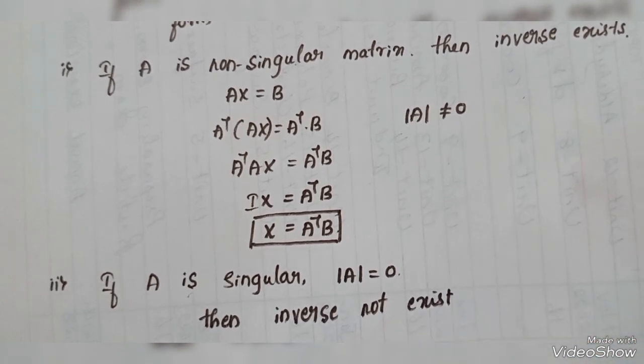In this case we may have to calculate the adjoint of A into B; otherwise it is not necessary. If A is non-singular, the inverse exists.